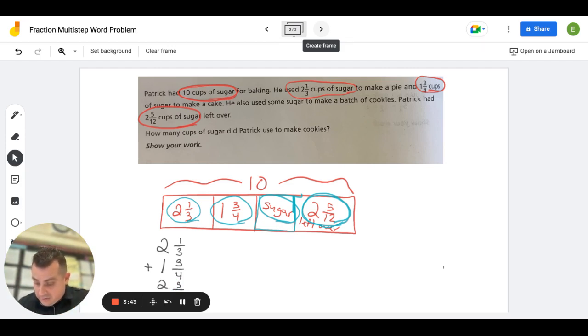So I'm going to turn the first into 2 and how many 12ths? Well, 3 times 4 is 12, so 1 times 4 would give me 4/12.